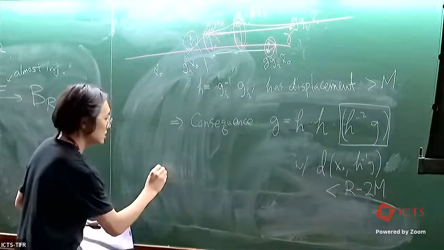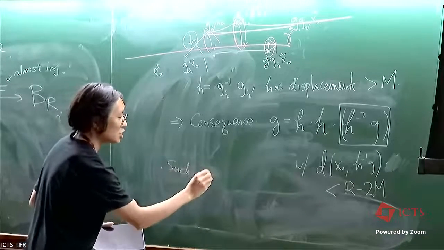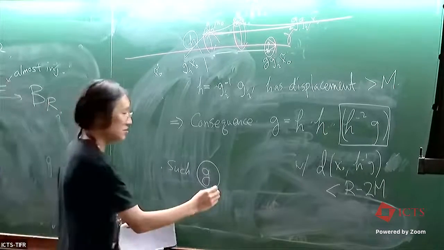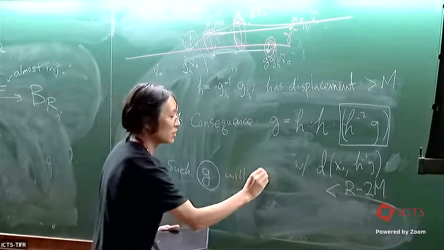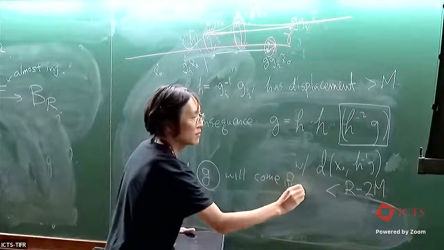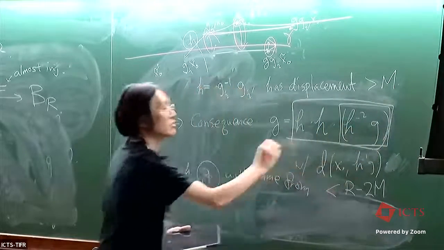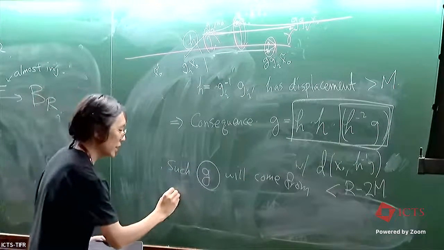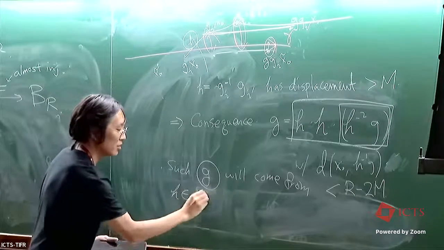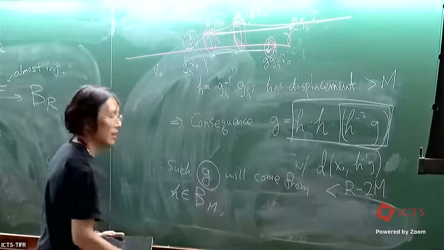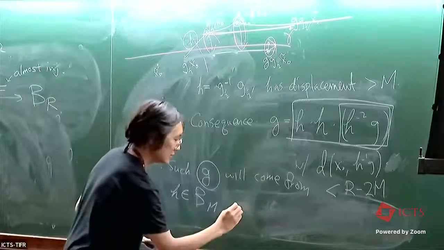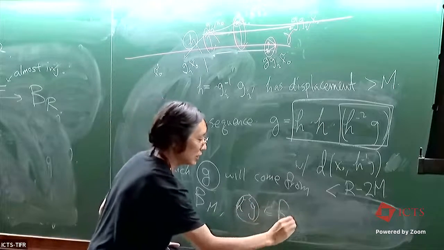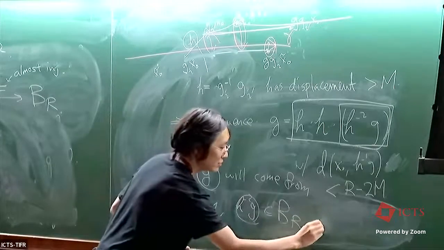But such g will come from this kind of construction, in this kind of form: come from h in Bm and this element from b to the r minus 2m.